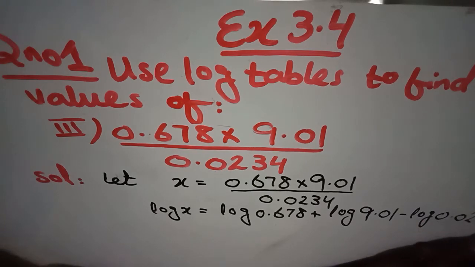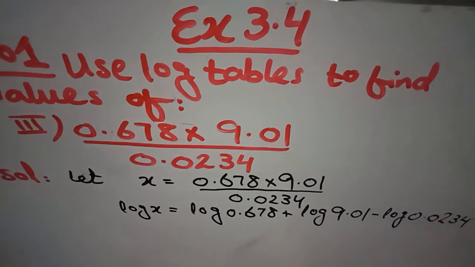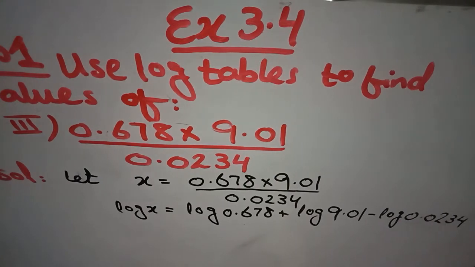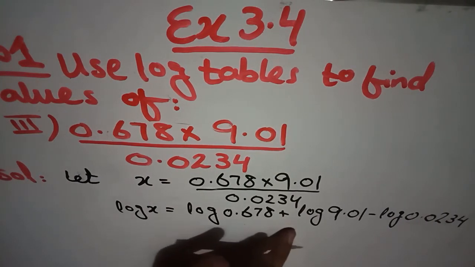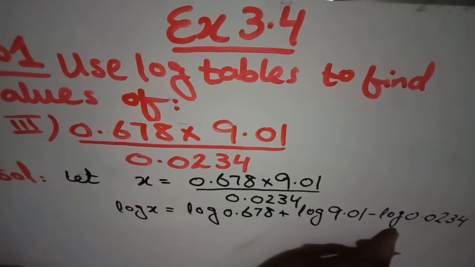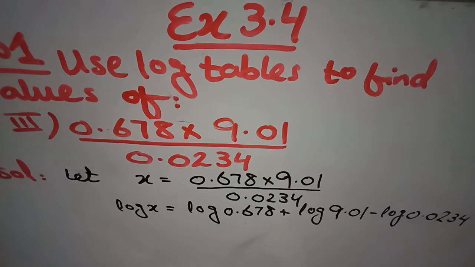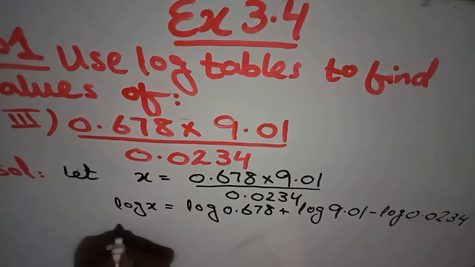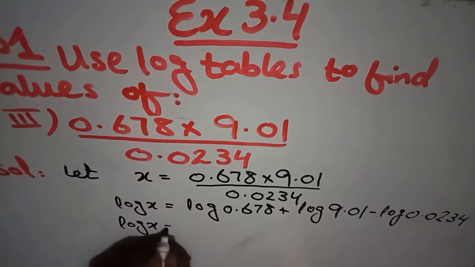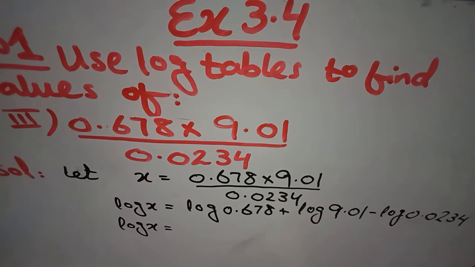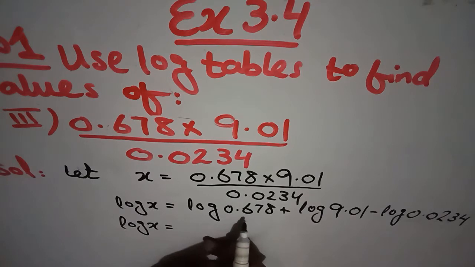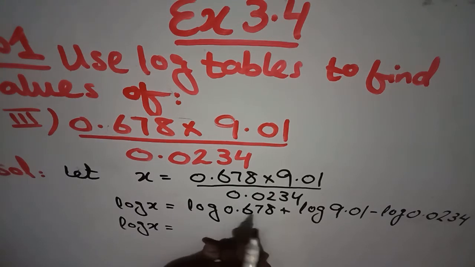So log 0.678 plus log 9.01 minus log 0.0234. After that, make sure that all values are present in standard form. Like in my previous question, if the value is not in standard form, to find the log you have to change it into scientific notation to find the characteristic and mantissa.